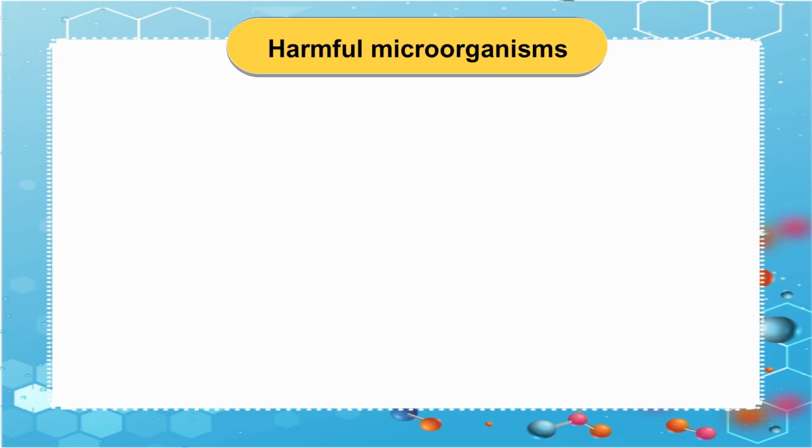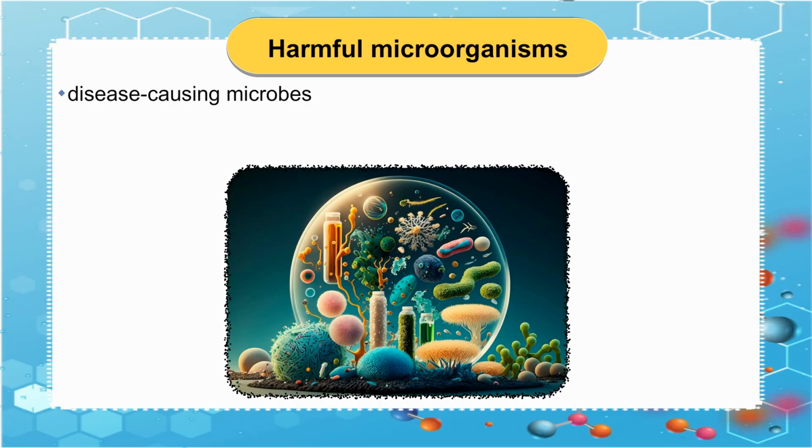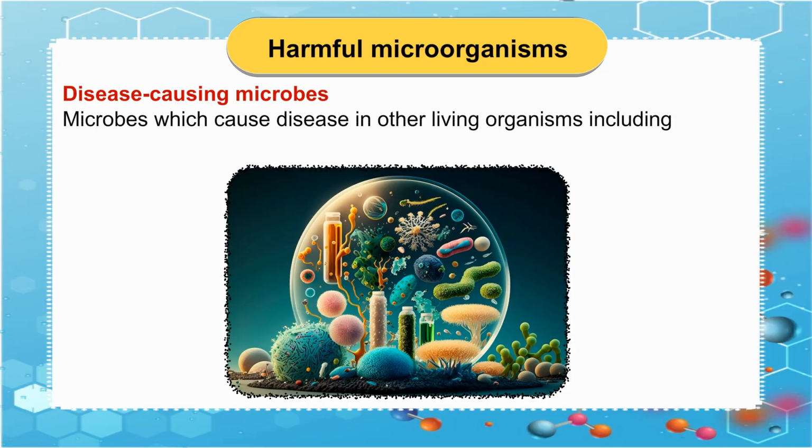Harmful microorganisms. Many microorganisms are harmful to animals, plants and humans. These can be broadly classified as disease-causing microbes and food-spoiling microbes. Microbes which cause disease in other living organisms, including humans, are known as pathogens.